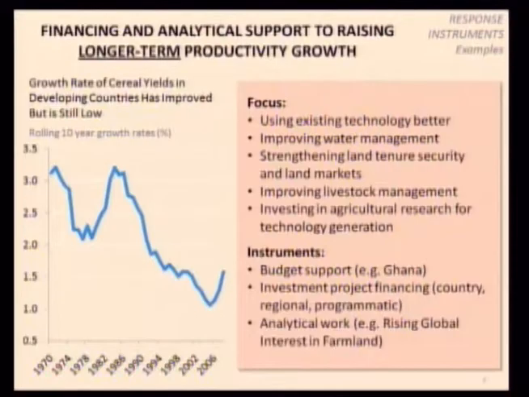First, what can the international agencies provide for longer-term productivity growth? Essentially it's analytical support and financing. And the challenge is, how do you package that in a way which is an effective response to generating productivity growth?